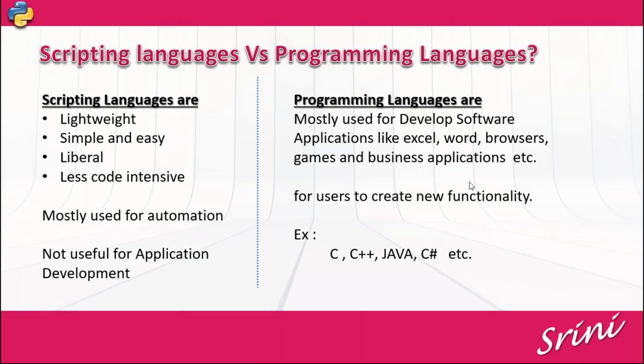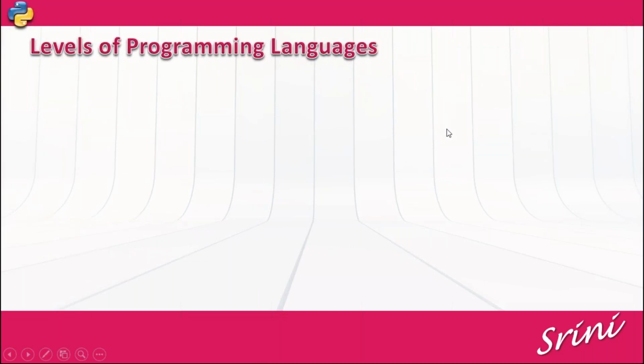C, C++, Java, C Sharp, COBOL, Fortran, Pascal, Python, these all come under programming languages. Okay, this is just understanding what are scripting languages and what are programming languages.